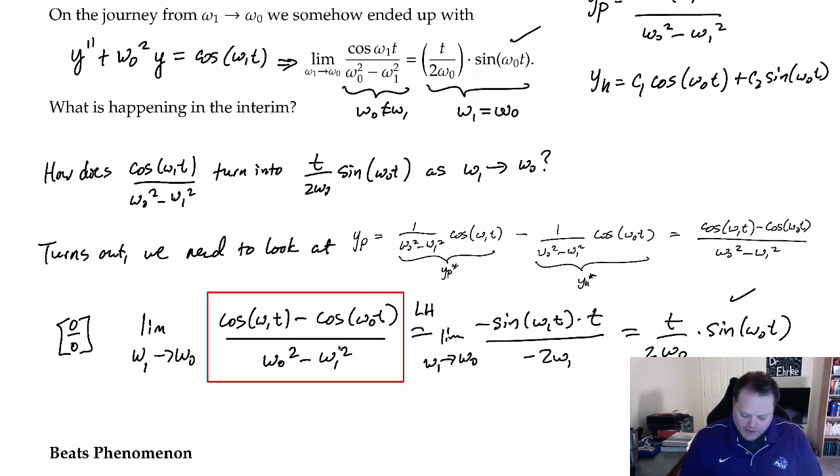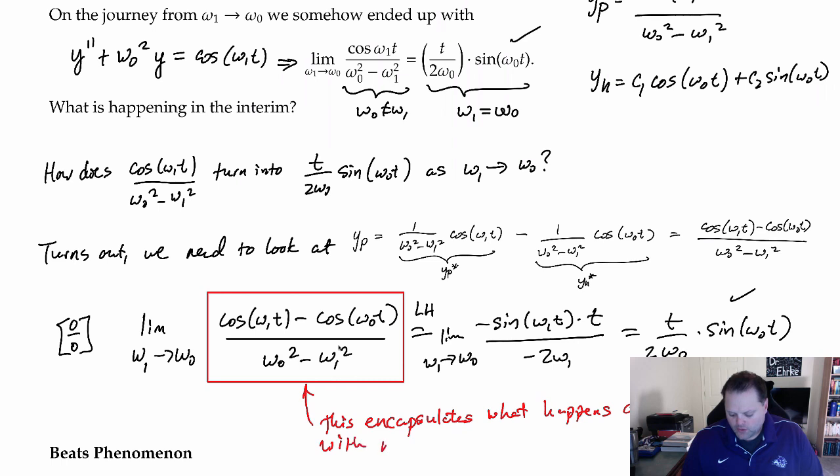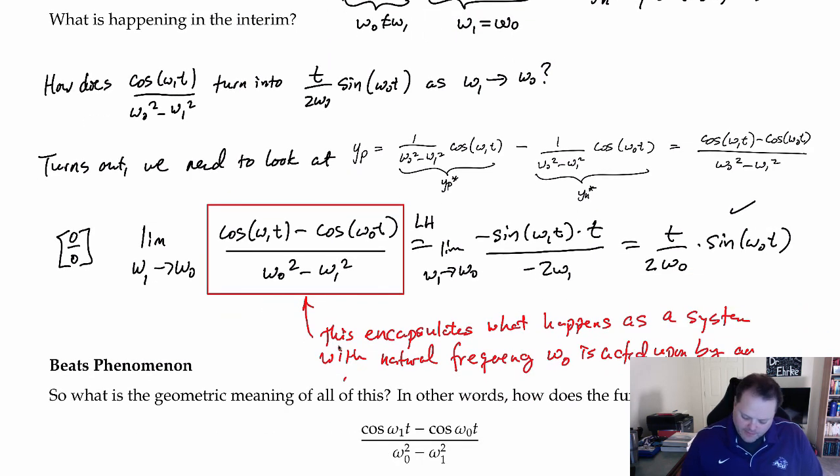So this function here encapsulates what happens as a system with natural frequency omega naught is acted upon by an oscillation that has a frequency omega 1.